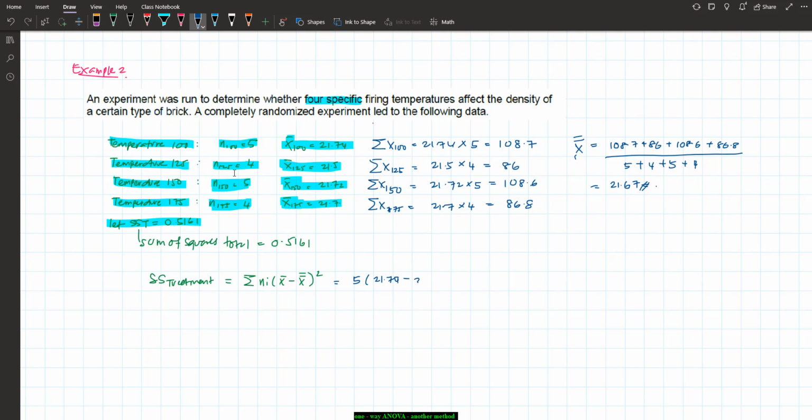To calculate the sum of square treatment, for the first treatment n equals 5, x bar is 21.74 minus 21.67 squared, and we go until the last one.